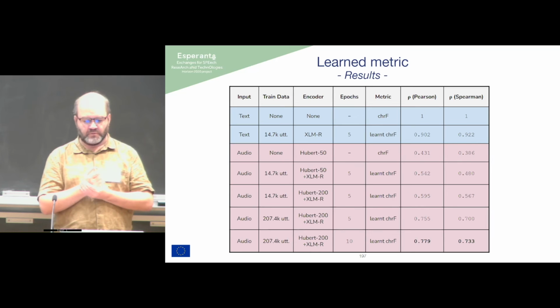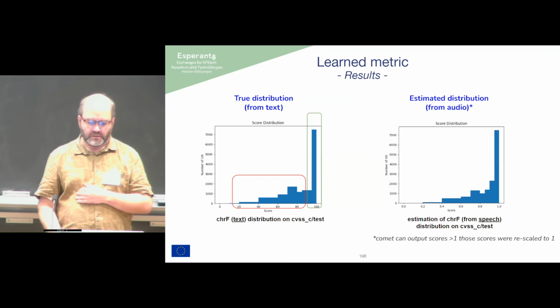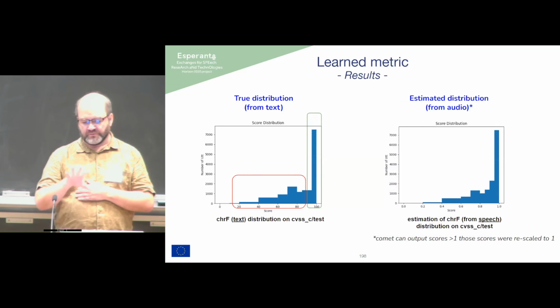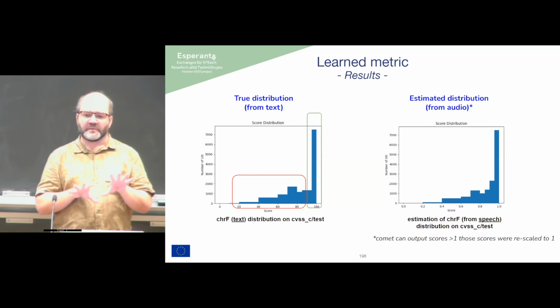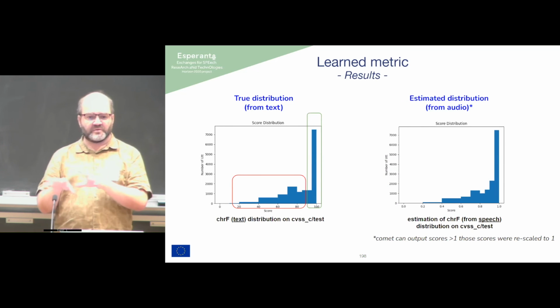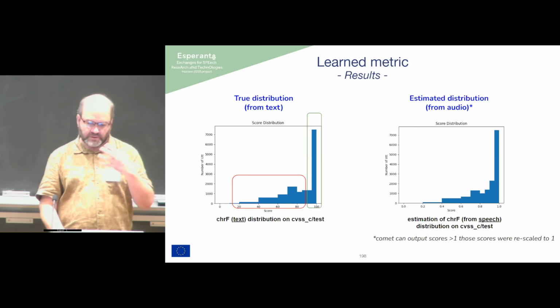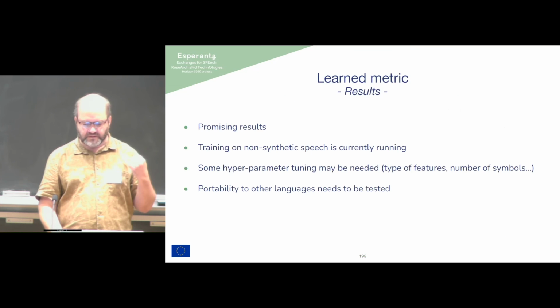And then we tried actually learning the system using the occurrences, and you can see with N epochs, it's not that many, and HuBERT 200 samples, we are rising to 0.7 correlation, which is starting to be rather good. And you can see the distribution of scores are similar. We can reproduce the distribution of chrF scores on the test from audio compared to the text. So that's nice. With the learned metric, we have promising results.